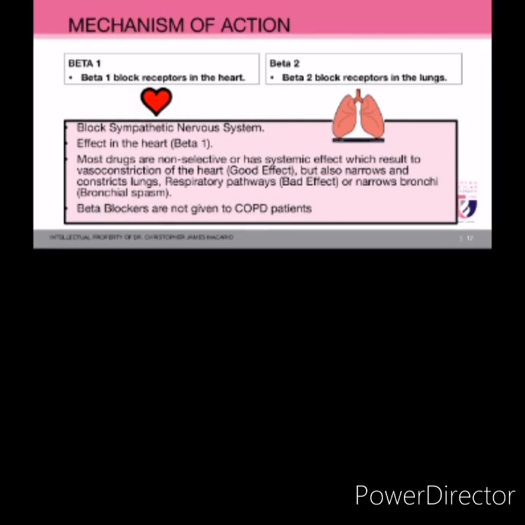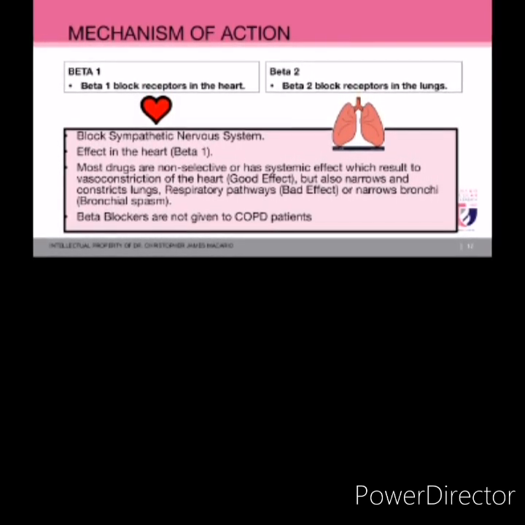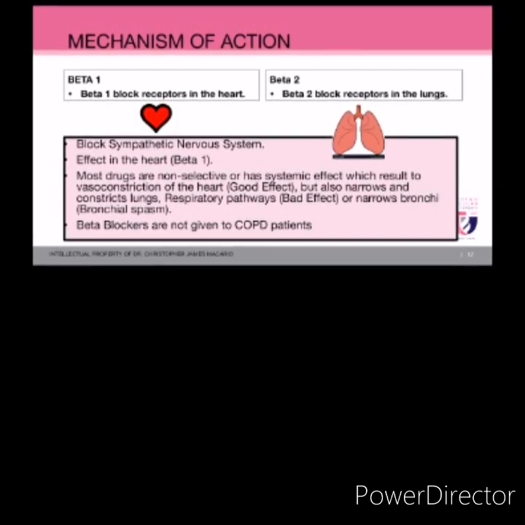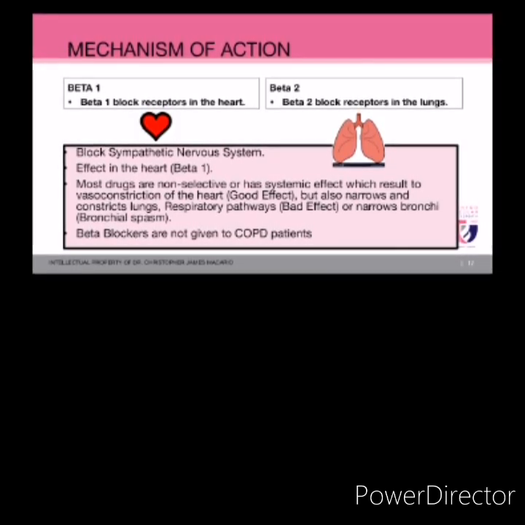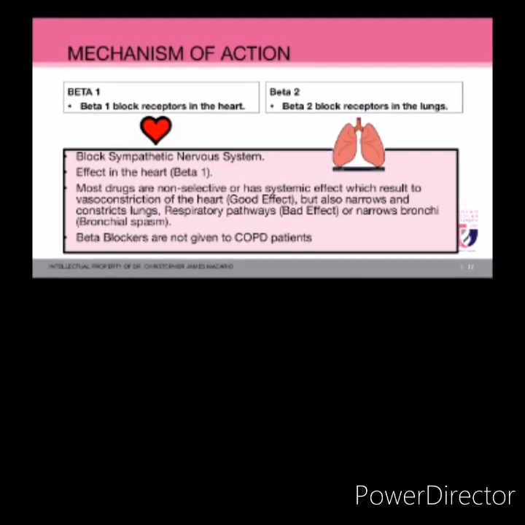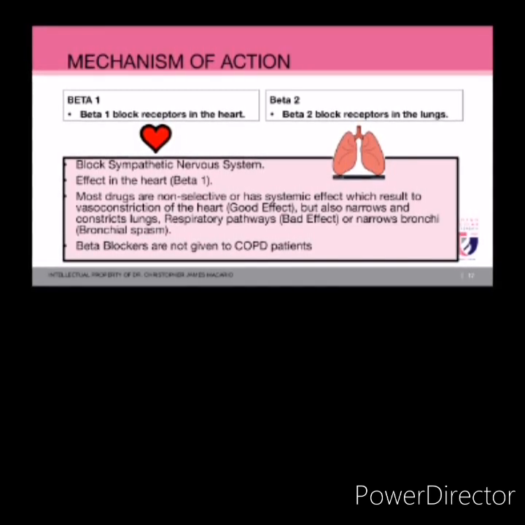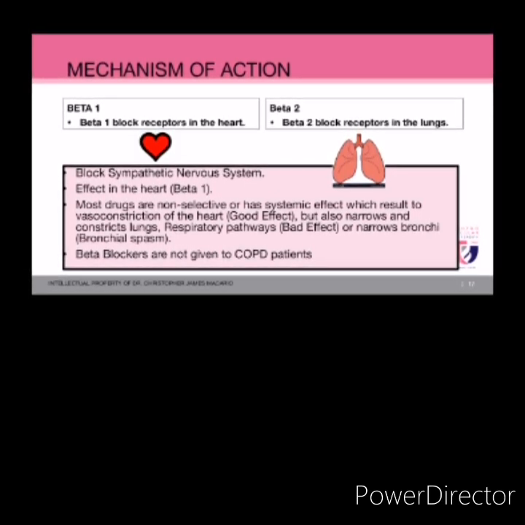So ano bang ginagawa nitong drug na ito? Number 1, it blocks the sympathetic nervous system. If you can recall, ito yung sympathetic nervous system, okay? Ito yung nagtitrigger ng fight or flight. So ano ginagawa niya? Okay, yung sinasabi niya kapag may fire, nabubuhat mo yung aparador or yung cabinet.